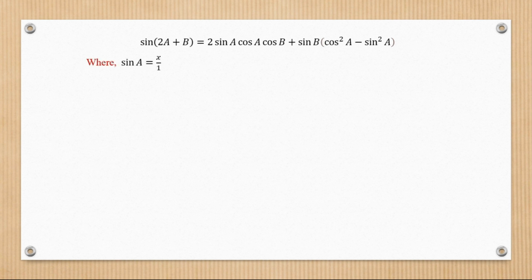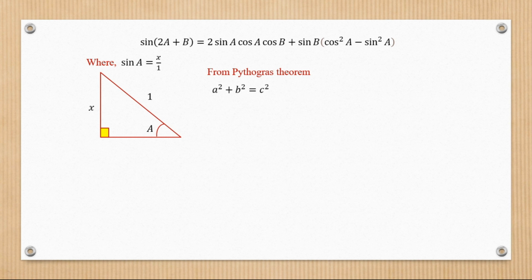Now where sine of a is x, remember that we can represent that as x over 1. In a right angle triangle, because sine of a means opposite over hypotenuse, it will mean that the opposite is x and the hypotenuse is 1. So from Pythagoras theorem, we have a squared plus b squared is equal to c squared. We'll have a squared plus x squared is equal to 1 squared, and then a squared shall be equal to 1 squared minus x squared, which is 1 minus x squared.